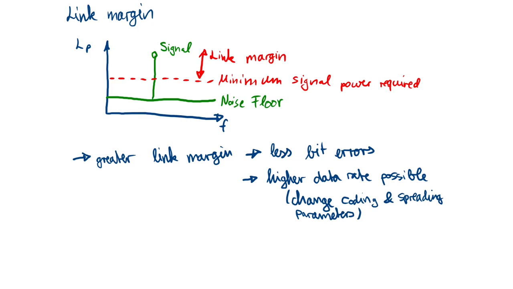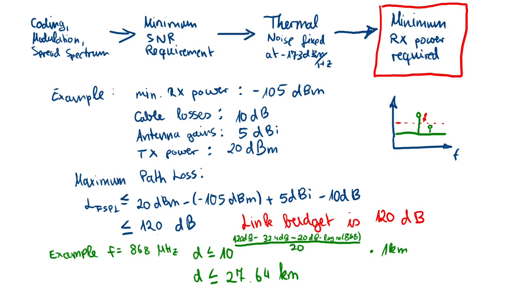So then last word. You usually do not operate your communication at a point where the received signal hits the minimum signal power. So we are always above. Like before, this is the maximum distance, but it is of course always possible that the transmitter and receiver are closer together.